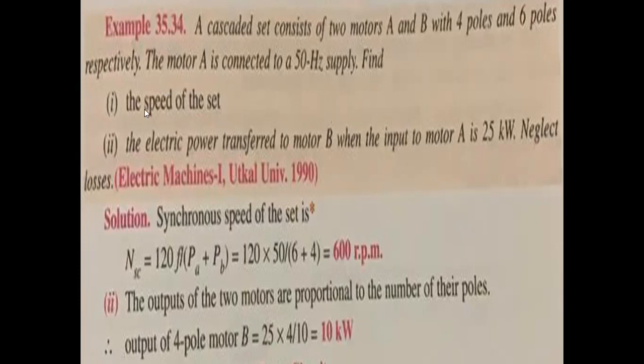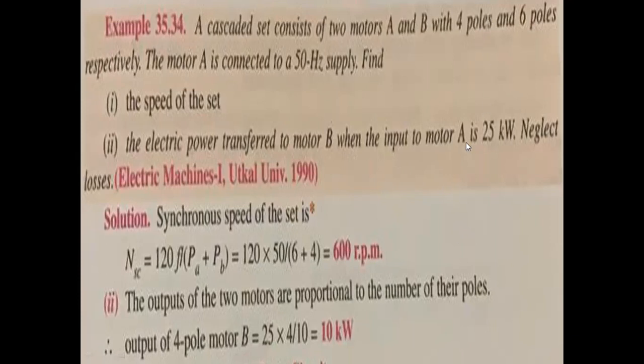First we have to find the speed of the set. The synchronous speed of the set is NSC equal to 120 F by P, with both poles, 120 F by 6 plus 4, 10, that is equal to 600 RPM. Next, the electrical output is proportional to the number of poles.